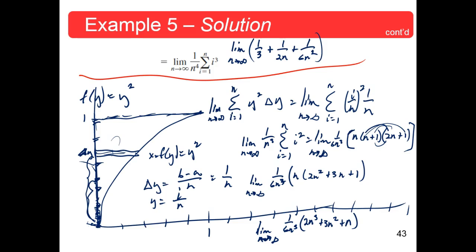Okay. 100 squared is 10,000. 6 times that is 60,000. And 1 over 60,000 is 0.0008. So a really small number.